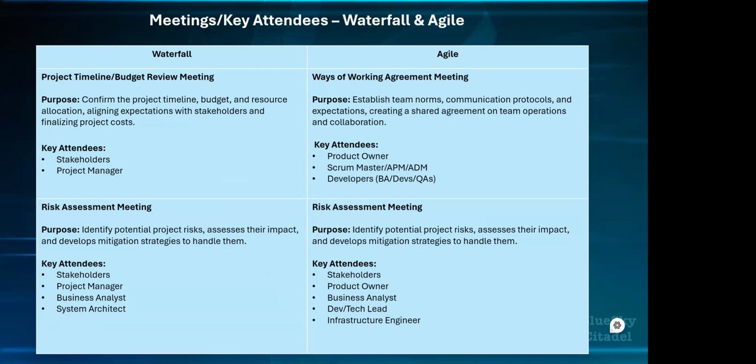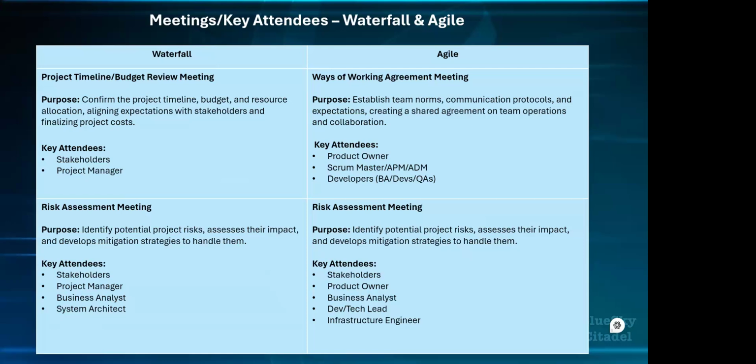The purpose is to establish the team's norms. This is what we go by. This is an agreement, a practice, the protocol, the standard we want to work by. This is our collaboration process, our development process. It is a shared agreement that the team needs to agree to.